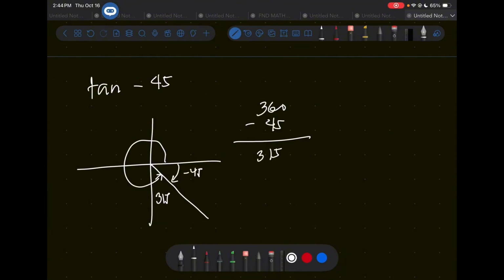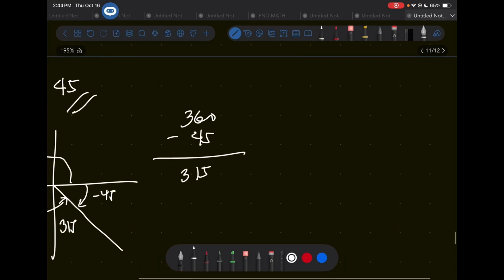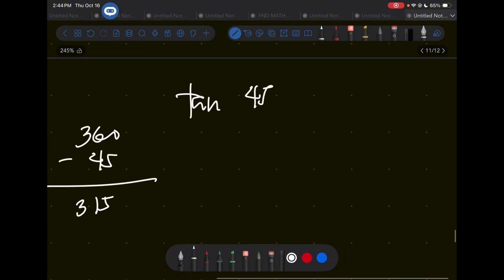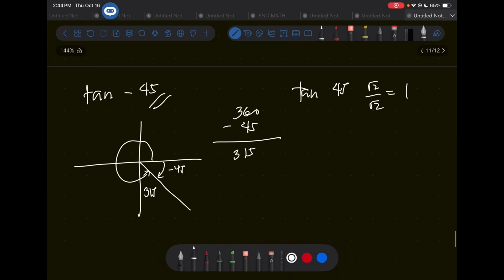But it's way easier if you get this one, because it's already the reference angle. So it's just basically, what is tan 45? Again, what is tan 45? So it's gonna be square root of 2 over square root of 2, or 1. However, it's in the fourth quadrant.